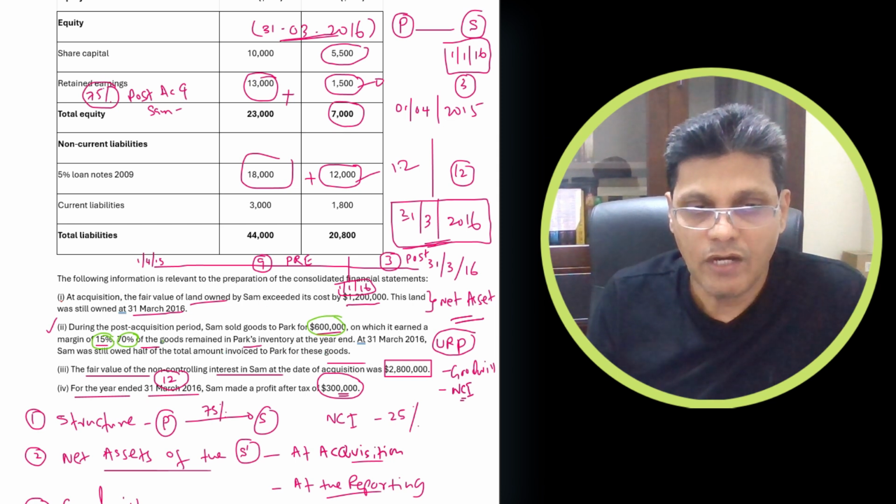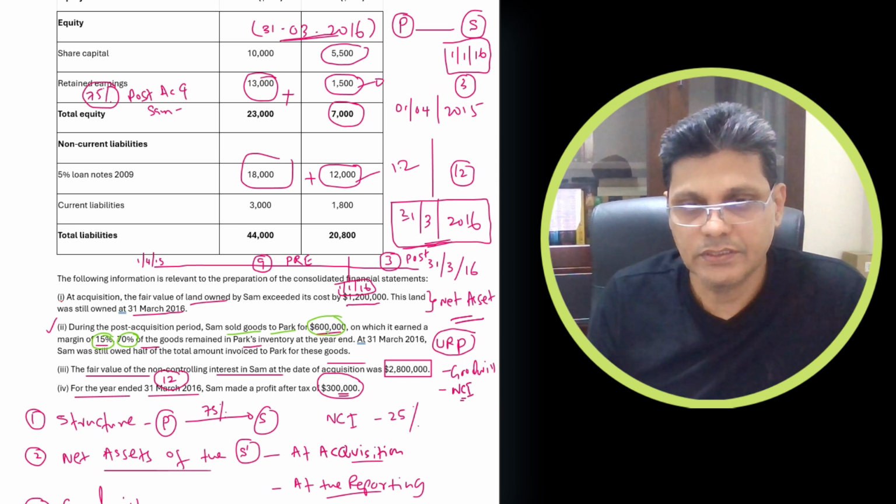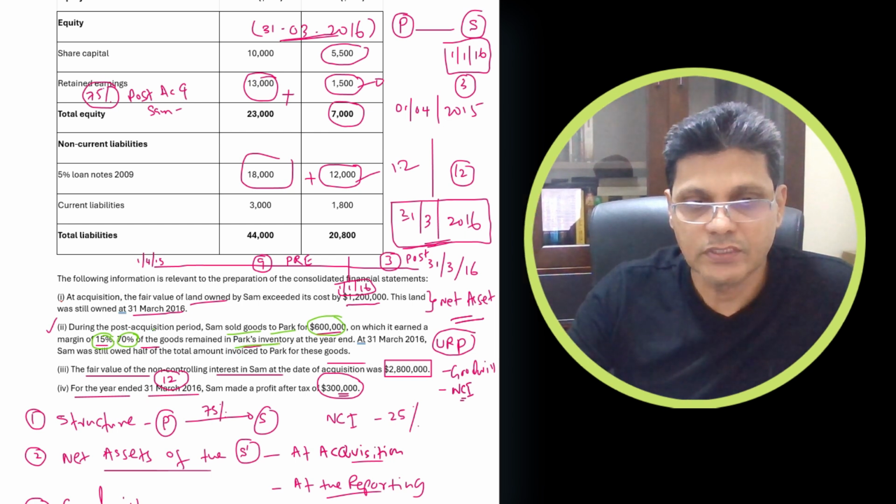So when you go through this particular note, you can see SAM sold goods to Park, 600,000, with a profit margin of 15%, of which 70% of the goods remain in Park's inventory. So 70% of the goods have not been sold by Park.